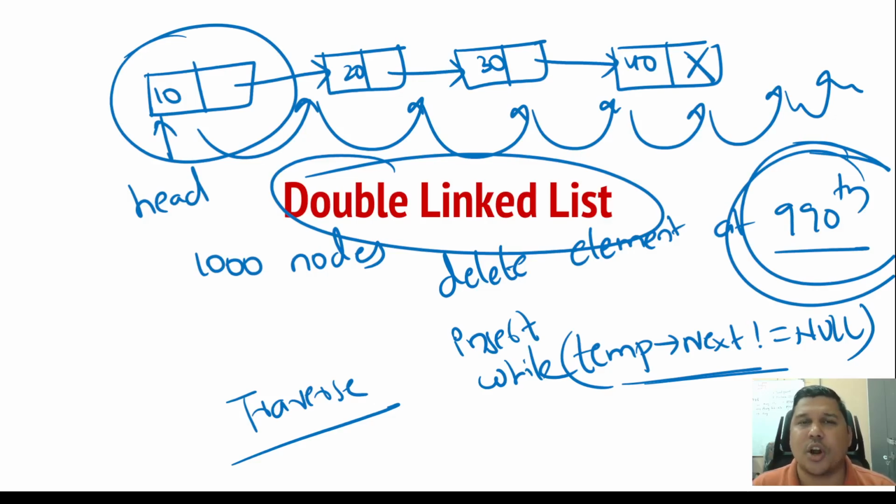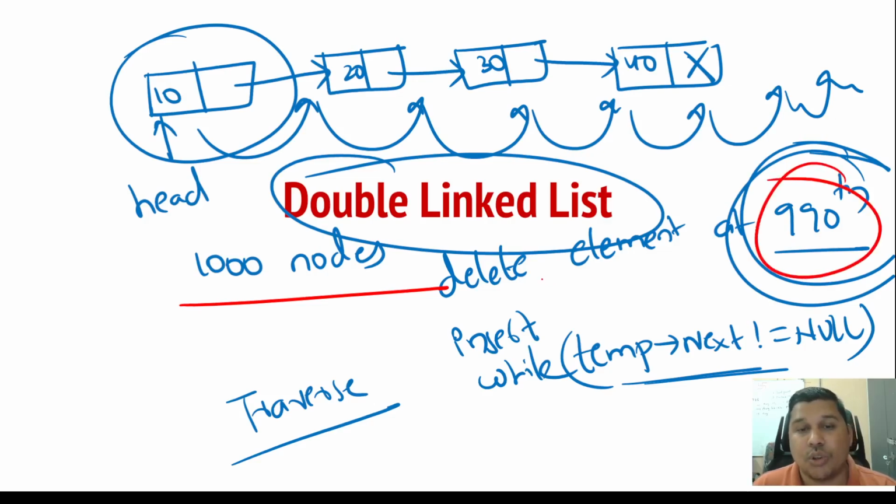I cannot say this is a drawback, but it can be considered as a drawback, that to insert an element at the end of the list or at the last but one position, I am traversing the entire list. If the list is small, okay, but if the list size is very large, something like 1000 nodes, then unnecessarily we are traversing 990 times. That is why there is another alternative to single linked list, that is double linked list.